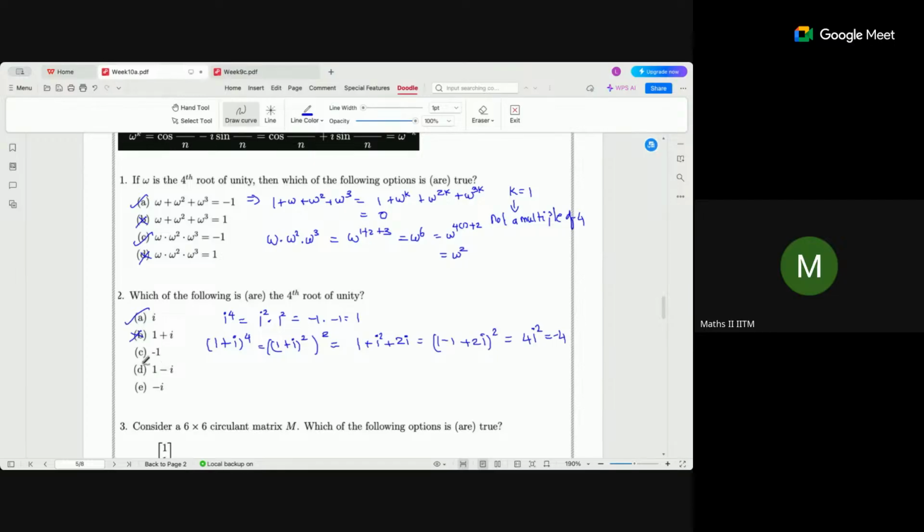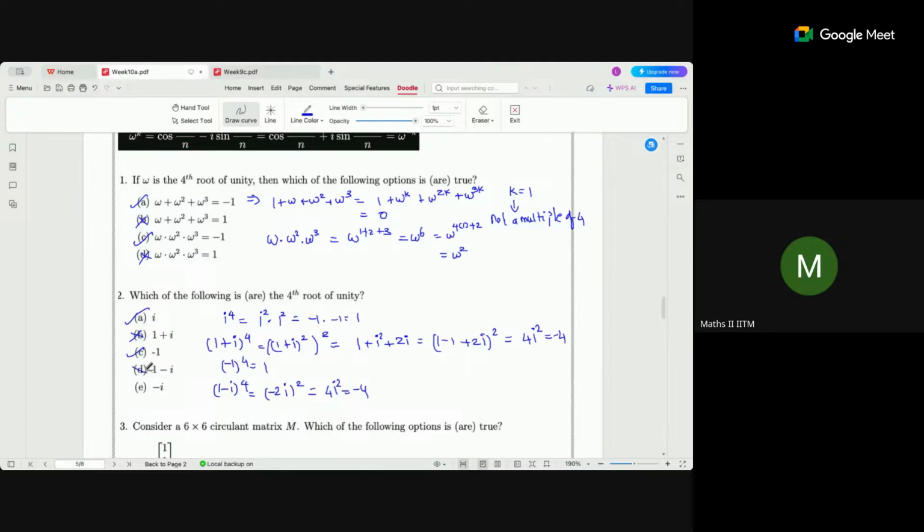Okay, tell me about option C. What is minus 1 power 4? It is correct. Minus 1 power 4 is obviously 1. Same way, what about 1 minus i? (1 minus i) power 4: you will get a similar expression. From that expression, you can get minus 2i whole square. So again you have 4 times i square, the same minus 4 only.